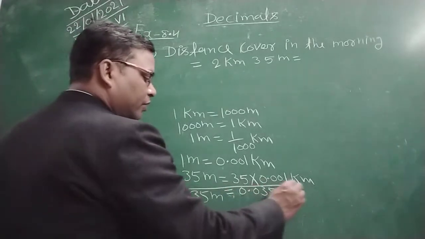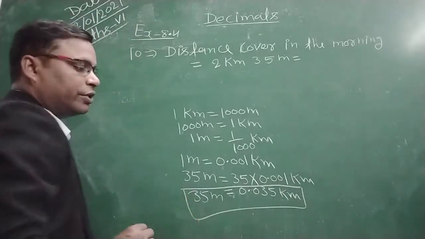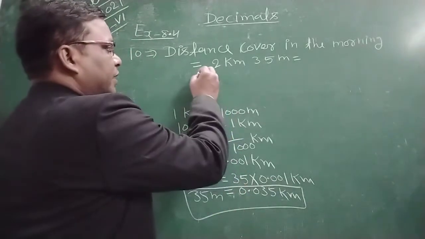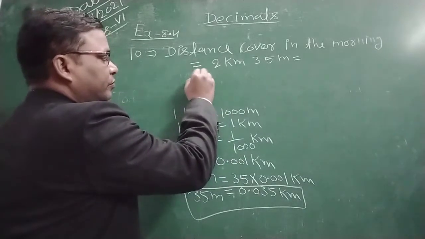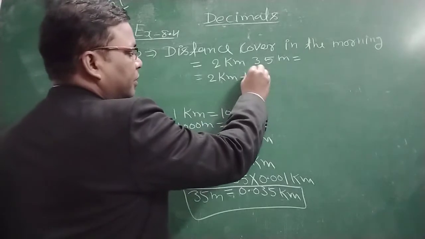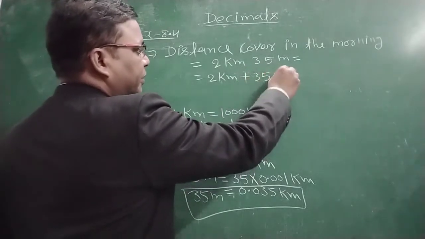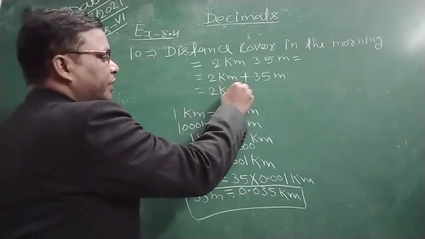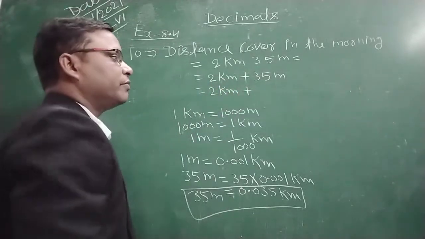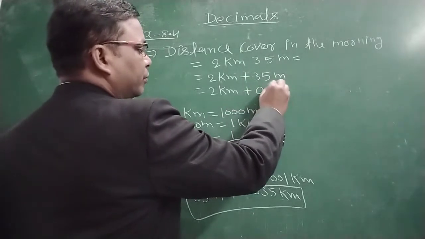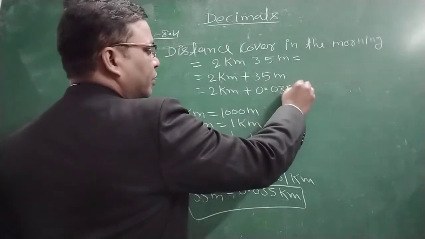So in this way we convert 35 meter, which is equal to 0.035 kilometer. So you can write 2 kilometer plus 35 meters. Here 2 kilometer we write as it is, but 35 meters we convert it in kilometer, then we get 0.035 kilometer.